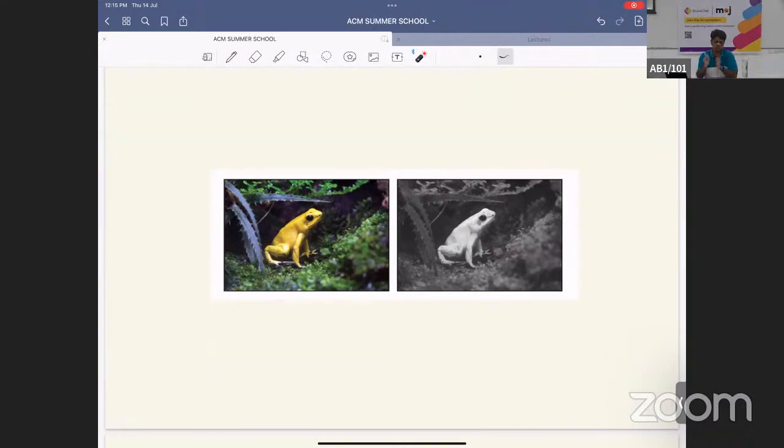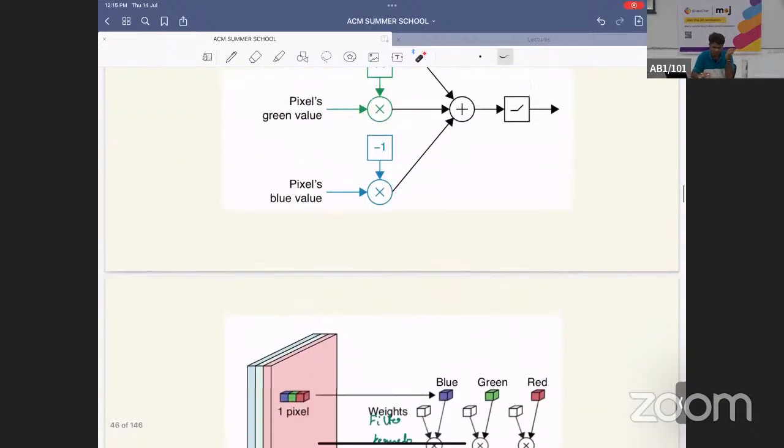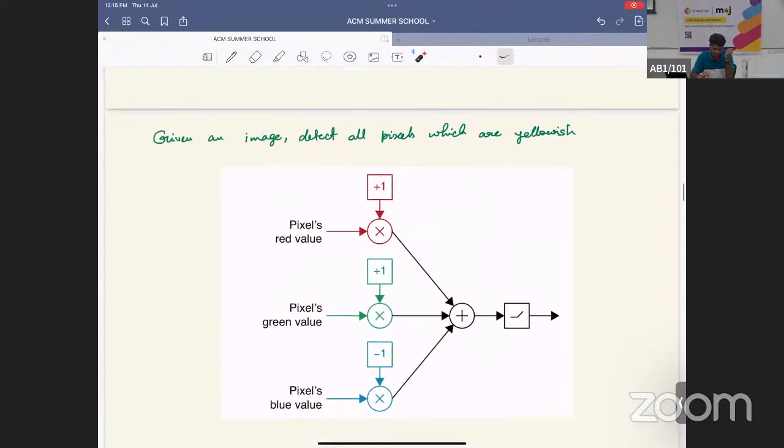So you do this for a real image, +1, +1, -1. From the color chart you can easily see that yellow means it should contain more red and green, and less blue, right?